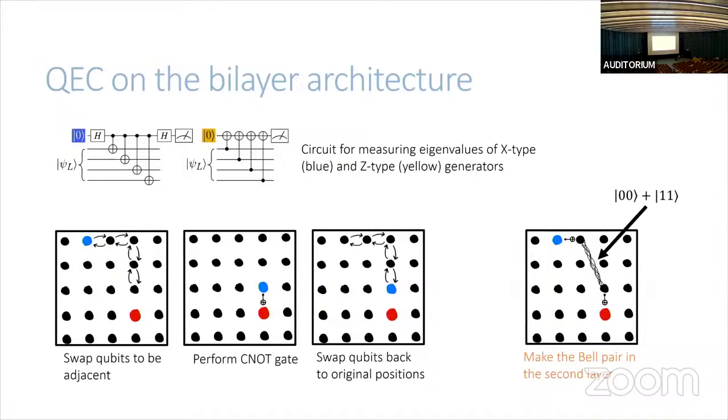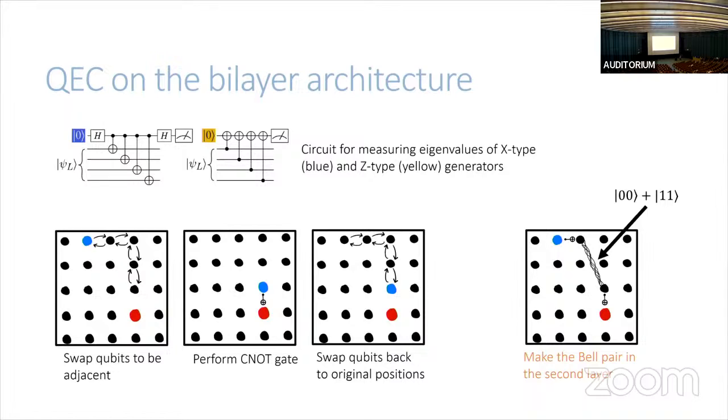So instead, what we can do to potentially save some time and some error is we first construct this Bell pair between qubits on the grid that are close to this blue and the red qubit, and then we can just perform gate teleportation to teleport a CNOT between them. And just as a hint, we can make this Bell pair in the second layer of our bilayer architecture.